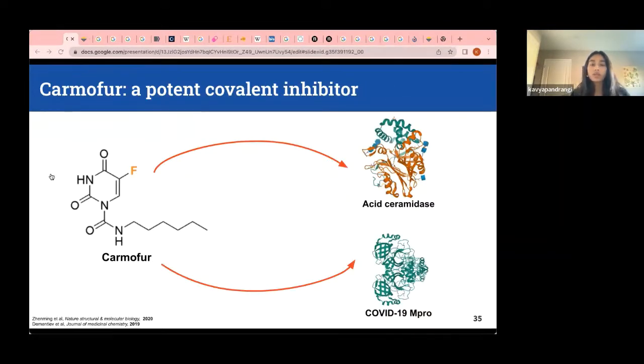Through drug repurposing screens, carmofur has been found to be a covalent inhibitor of the main protease of SARS-CoV-2, also known as Mpro. Mpro plays an essential role in the processing of polyproteins that are translated from viral RNA, which makes it an attractive drug target for COVID-19.